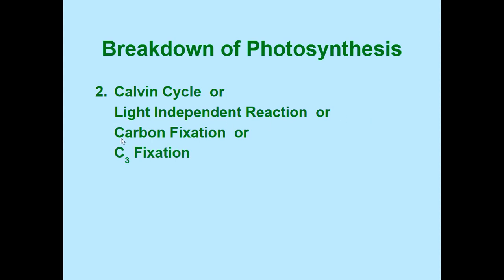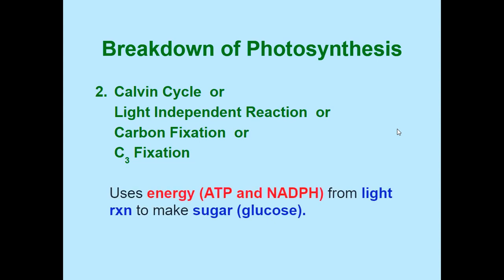These two I don't expect you to know offhand by memorization. I do expect you to recognize Calvin cycle or light-independent reaction. Okay. So what happens in this reaction is we take the energy that we made from our light reaction and we use that energy to make glucose or our sugar.